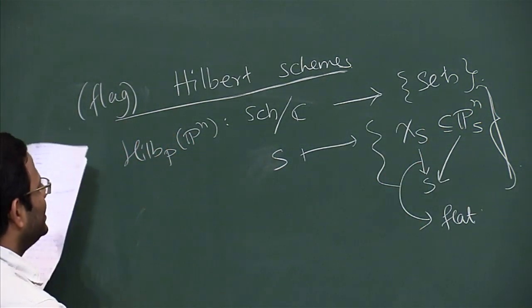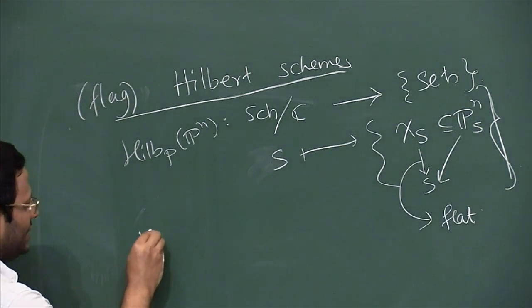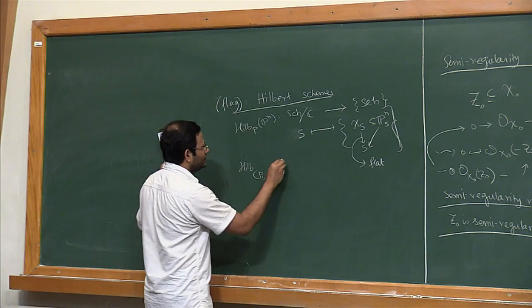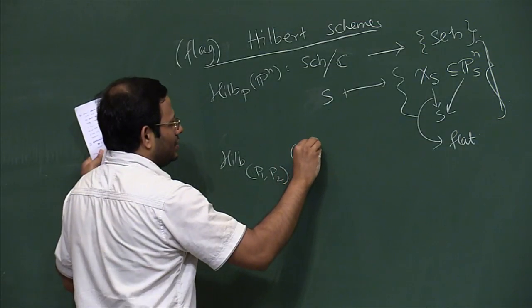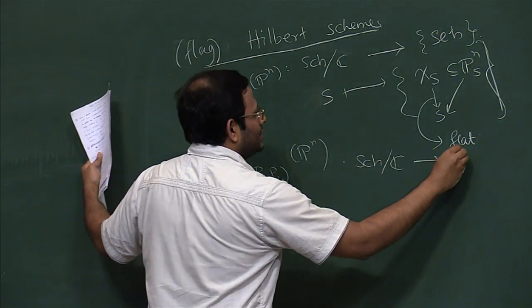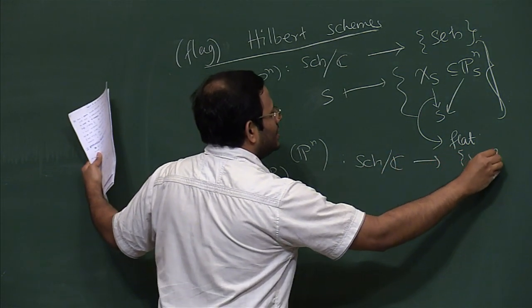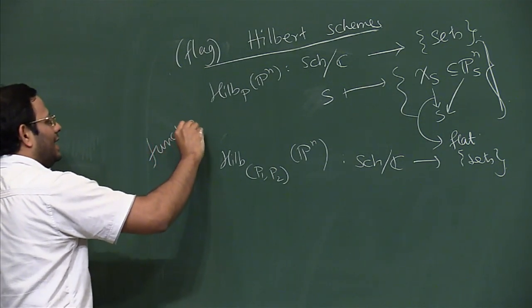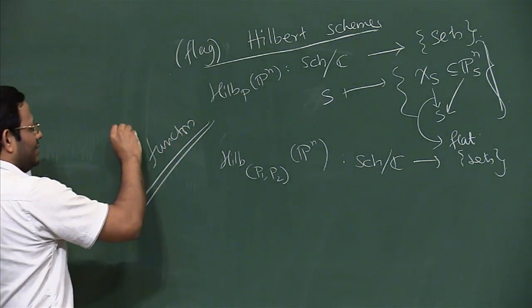Similarly, for flag you can have more than one Hilbert polynomial. You can have P, let us say the case of 2. So, these are just, these are called the functors. These are the functors, and the point is that these functors are actually representable.